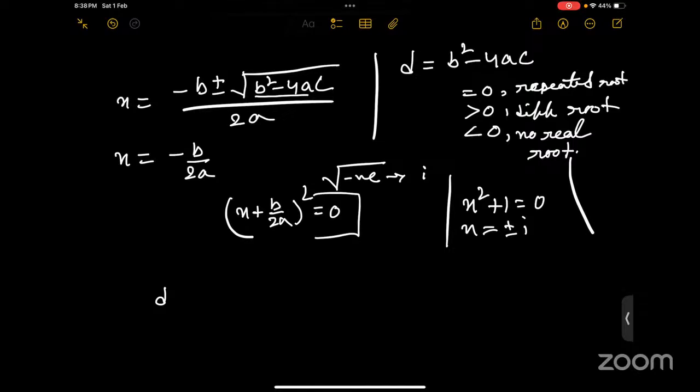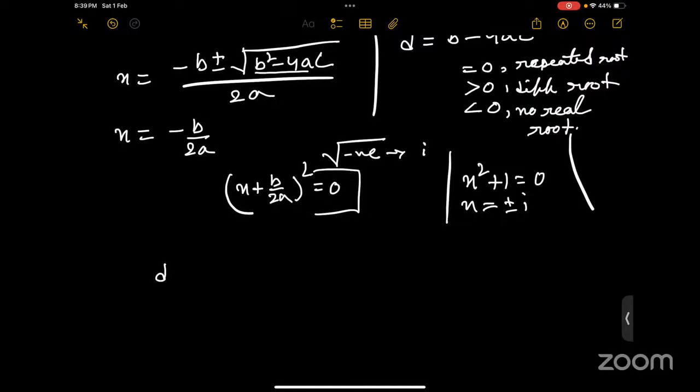Two types of root are there, real root and complex root. So if the root is not real, we say that root doesn't exist, but it basically means real root doesn't exist. That means there are complex roots. Is it clear? Yes, ma'am.